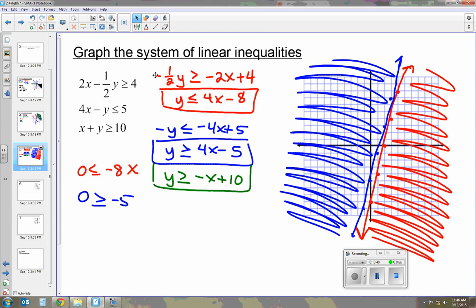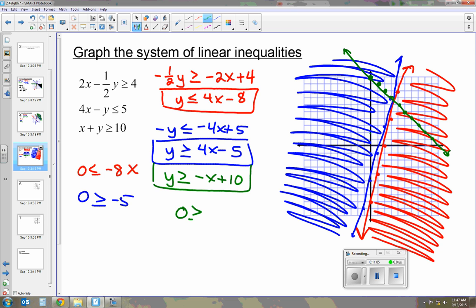And our very last one, positive 10 is our y-intercept and a negative slope of 1. And this is going to be a solid line as well. Let's check our point.